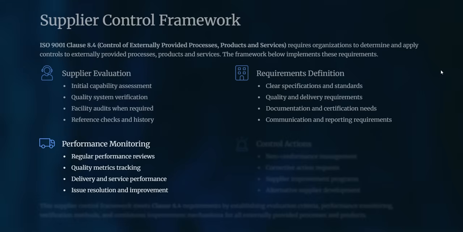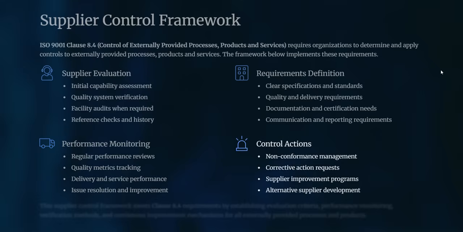The fourth element of our supplier control framework includes control actions, and these must cover the following. First, non-conformance management must be controlled. Corrective action requests, supplier improvement program, and alternative suppliers development.